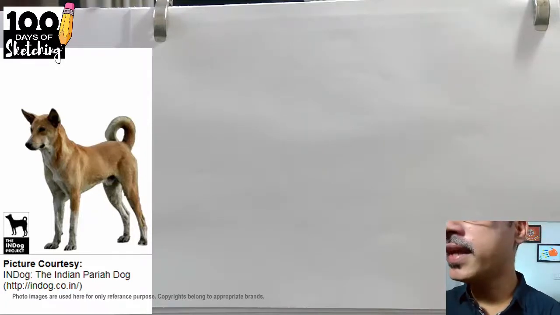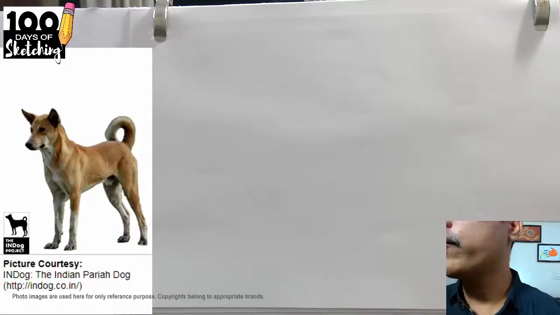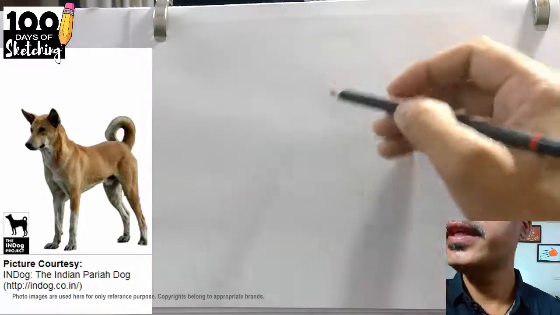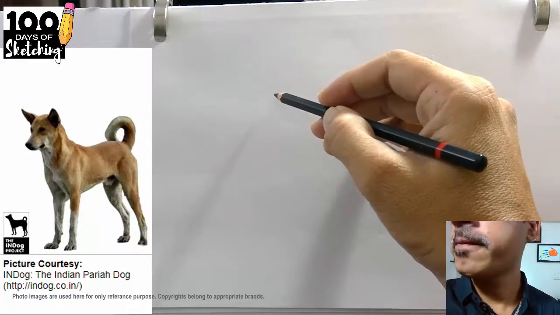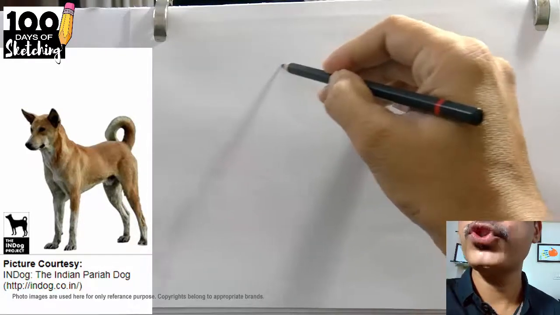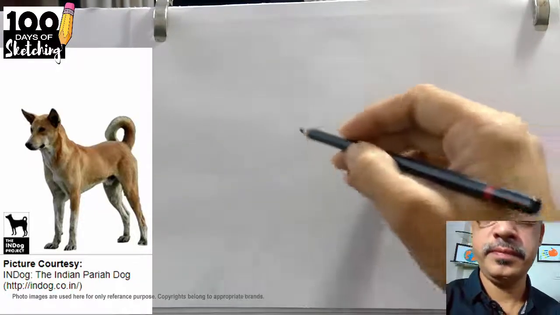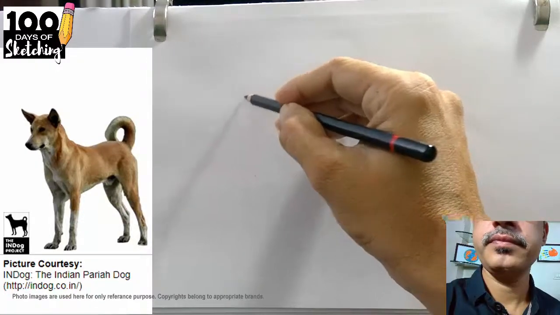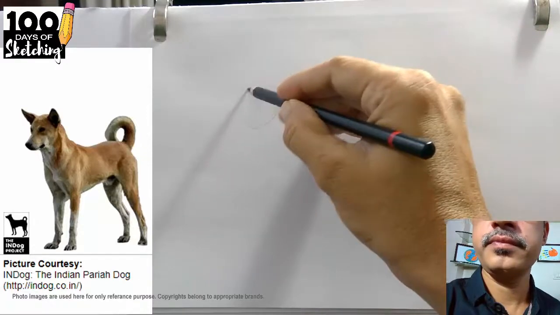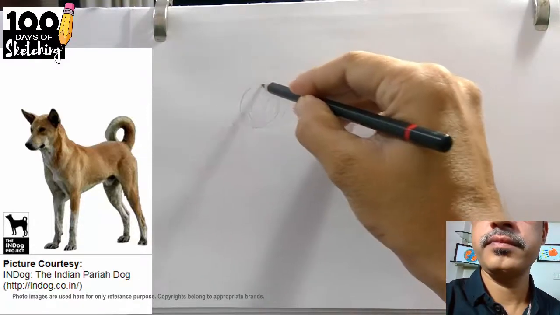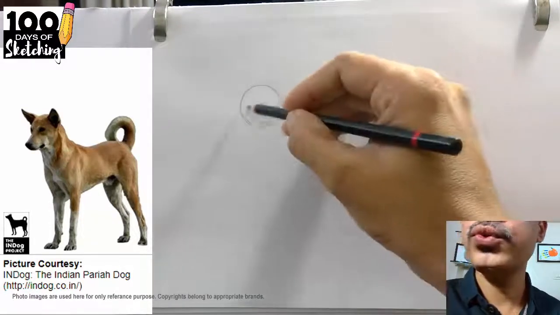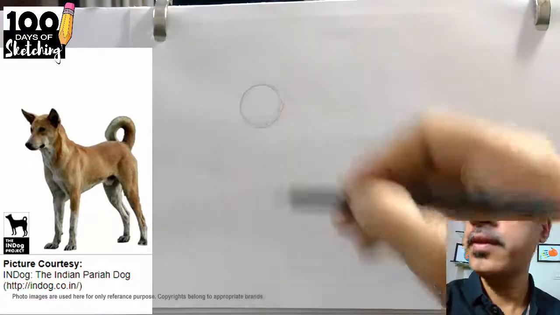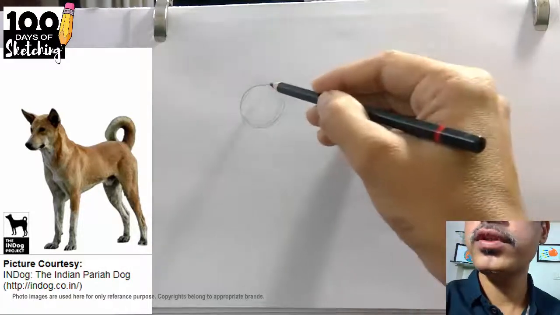What I'm seeing is some structures we should follow, and I will explain what things are there. Prominently, I can see the head portion. For the head, I choose a little circle here, and it's in a 3/4 pose.